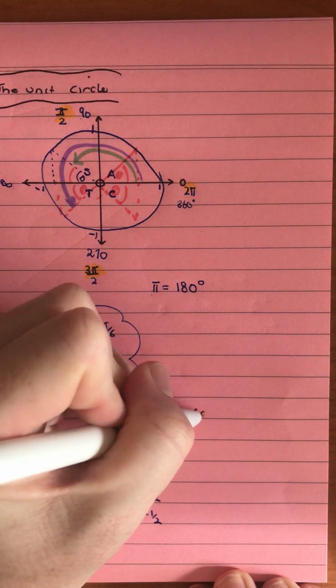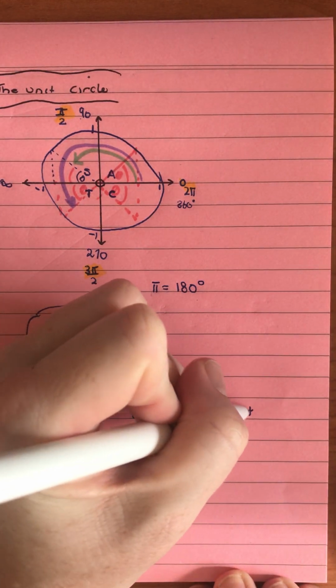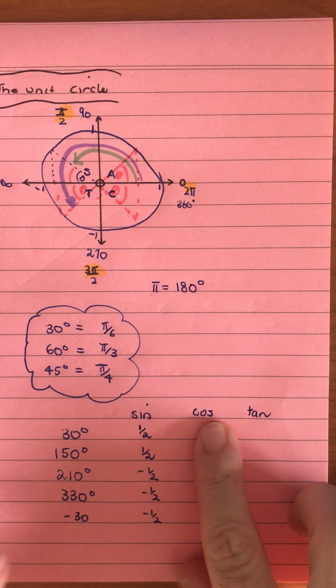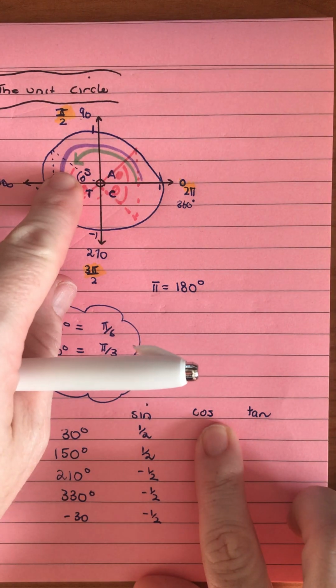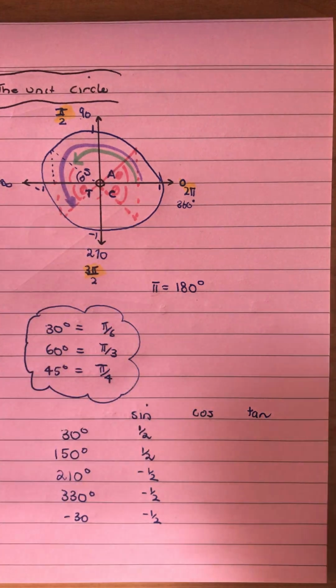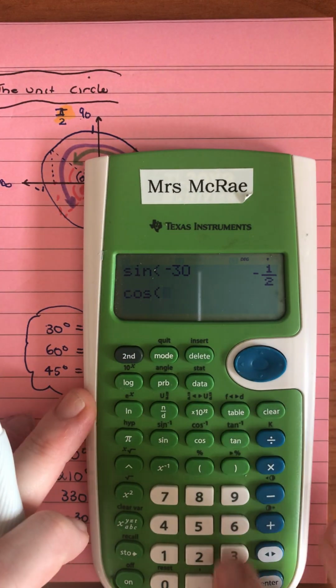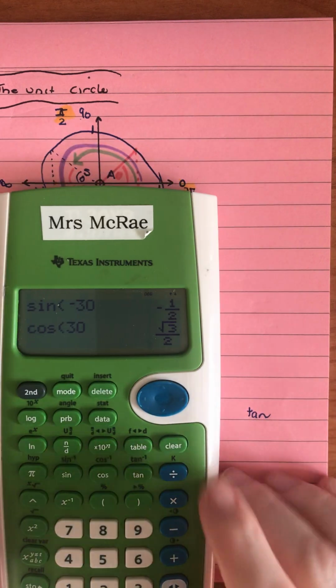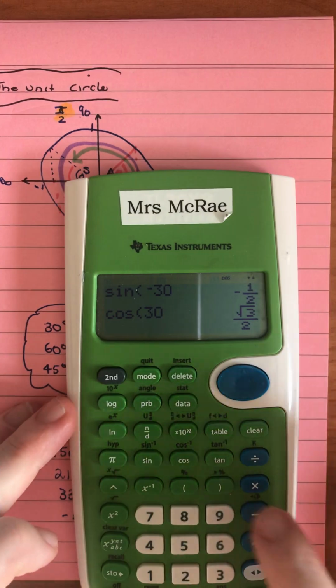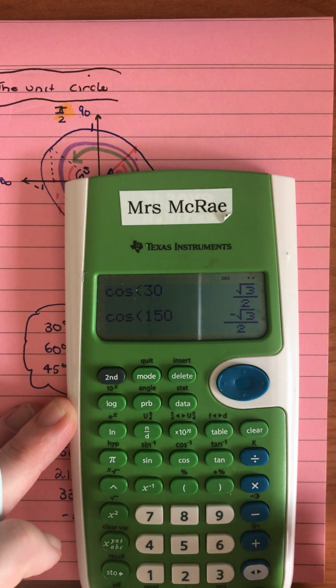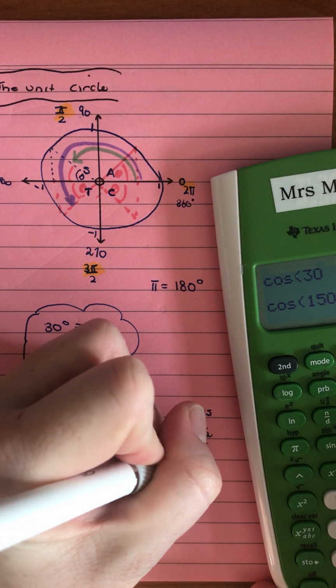If we have a look at cos, thinking through the pattern, we should then get positive in the first quadrant. We should get negative here, negative, and then positive. So if we do cos of 30, we get root 3 on 2. If we do cos of 150, we get negative root 3 on 2.